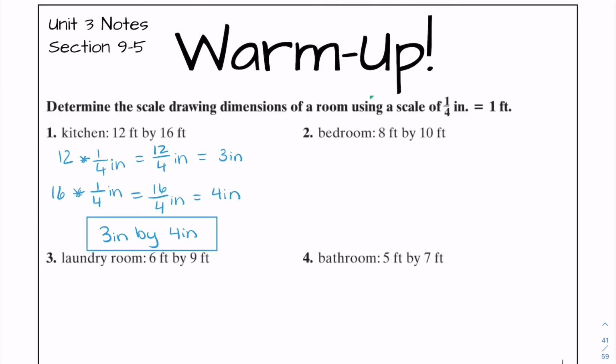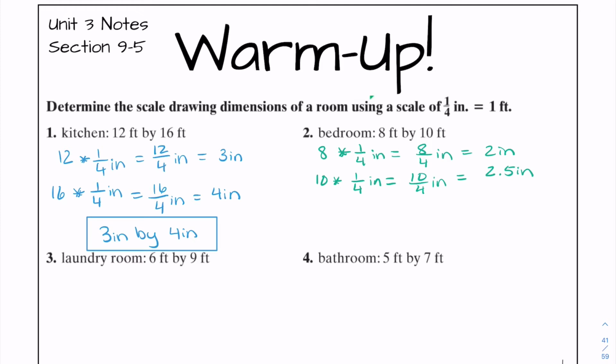All right, the next one, we have 8 by 10, so 8 times 1/4 inch equals 8/4 inches, which equals 2 inches. And then 10 times 1/4 inch equals 10/4 inches, which is 2.5 inches.